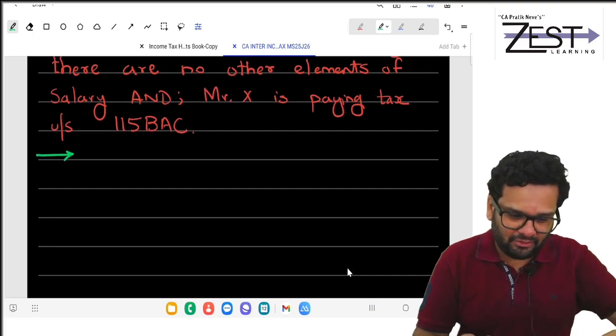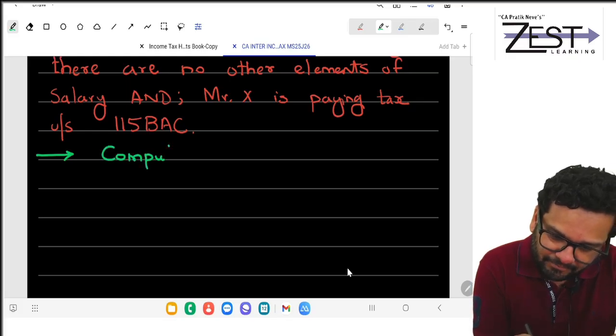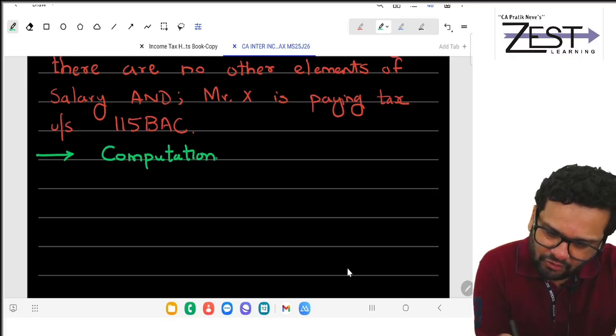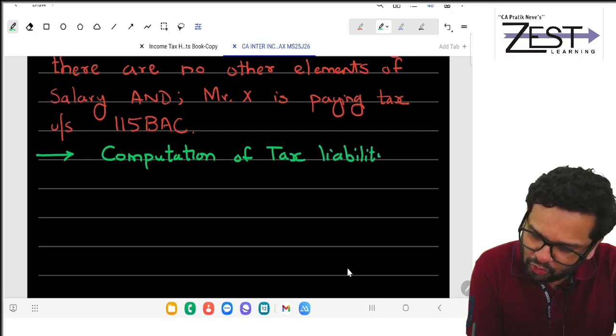So, write down. First of all, what you will say is computation of tax liability.